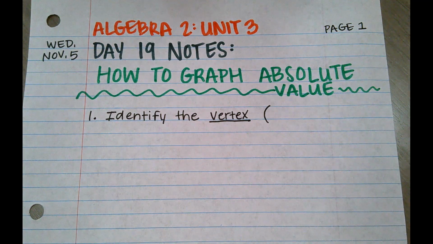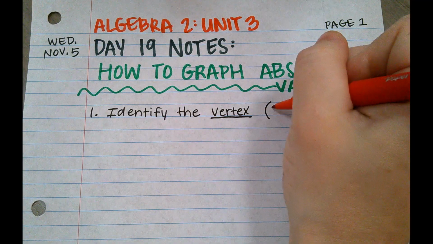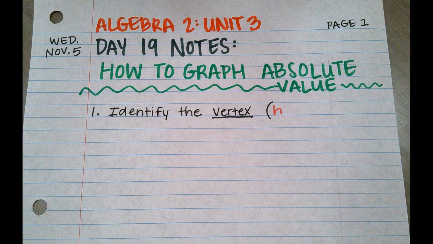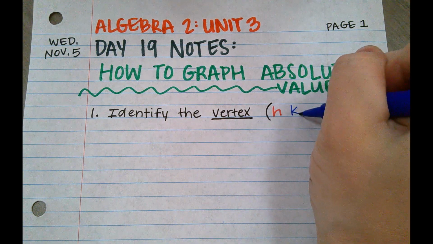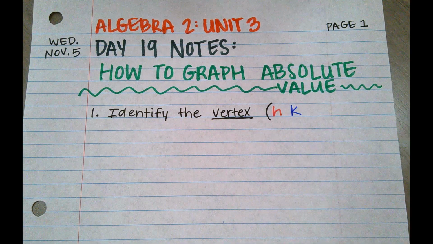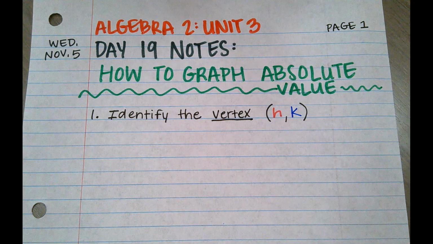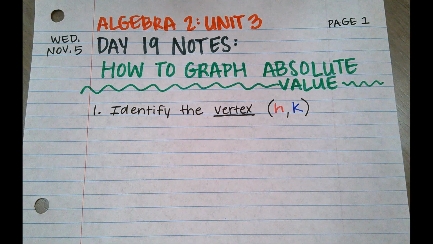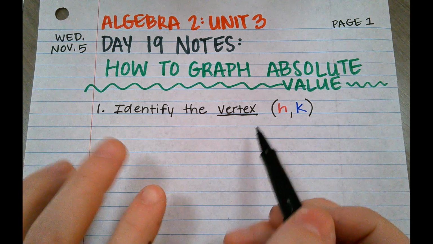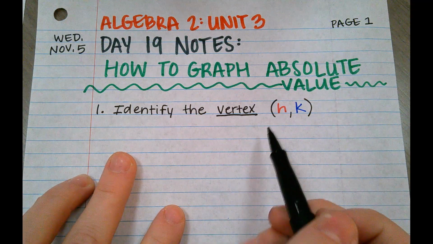H, K. So I'm going to use some colors here. H, I'll make it red. I like to make X red. And then K will be blue. My Y's, I like to make them blue. And underneath this step, we'll write out that formula again, and we'll give ourselves a reminder that the H is opposite.